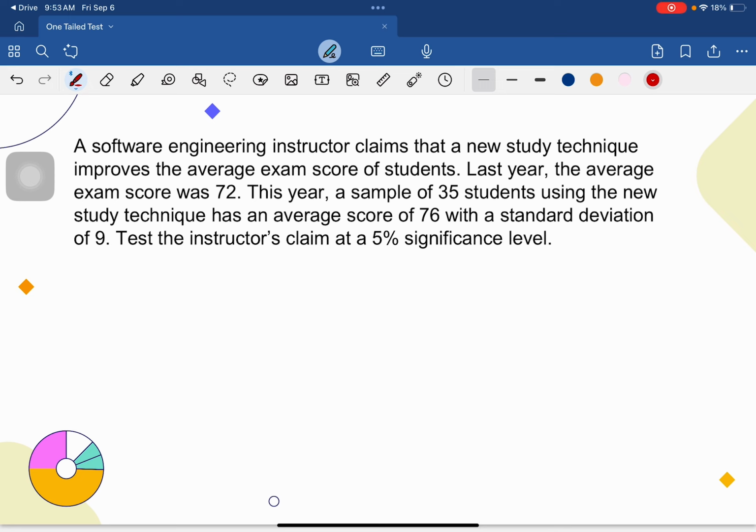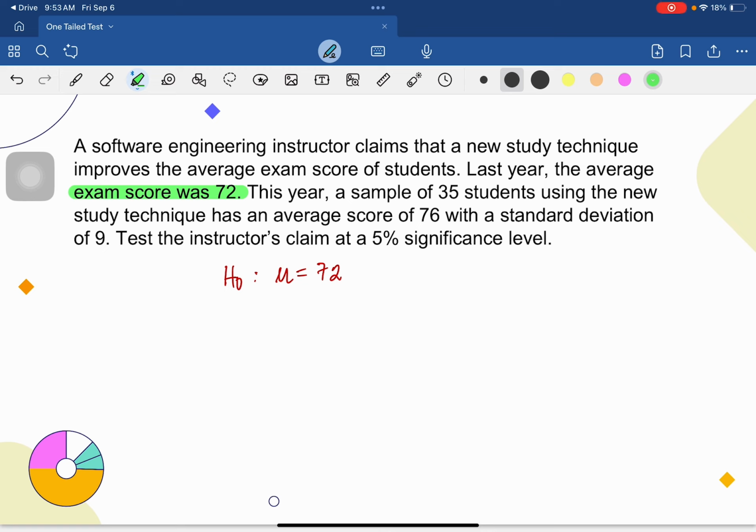Okay, so let's go over the problem. The first step is to set up the hypothesis. We can create our null hypothesis and say that our mean is equal to 72, because that is the exam score. If you've seen here, last year that was the average exam score.